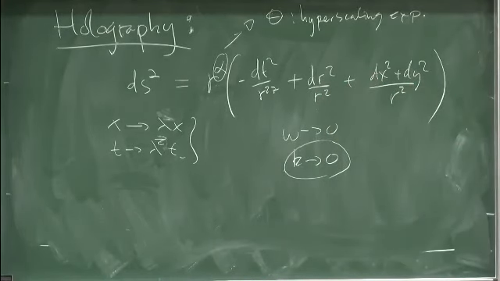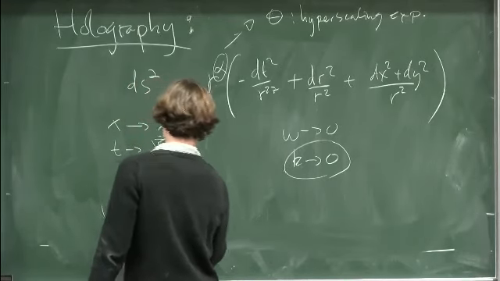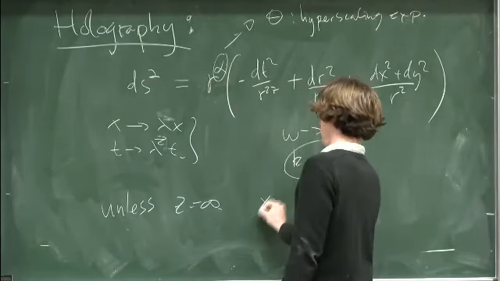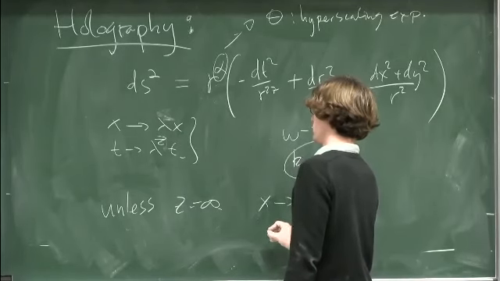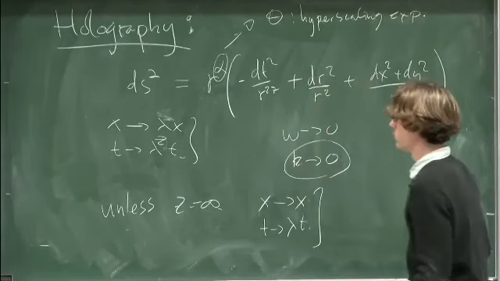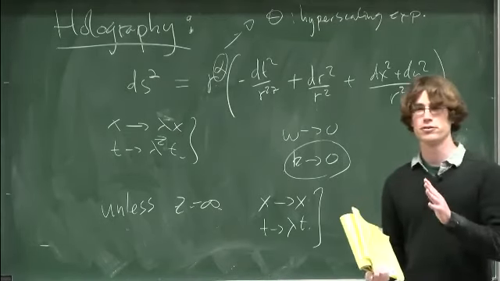Unless z is infinity, in which case x does not scale and t does scale. So I think of z equals infinity as an overambitious Fermi surface.